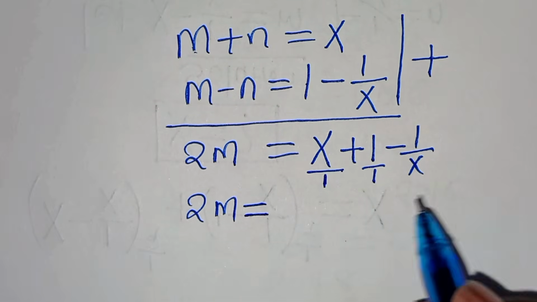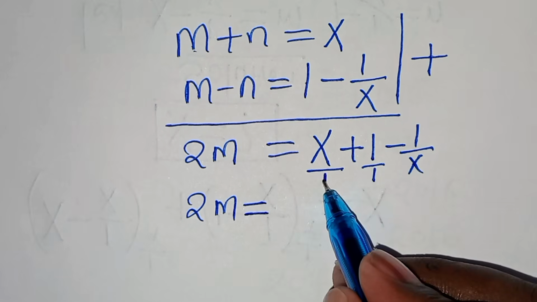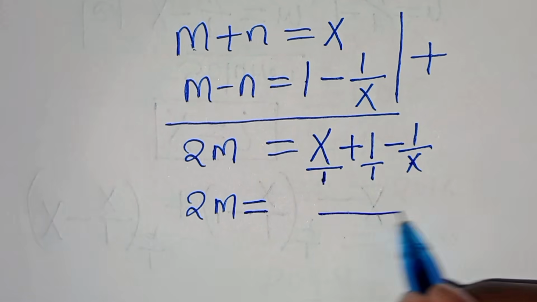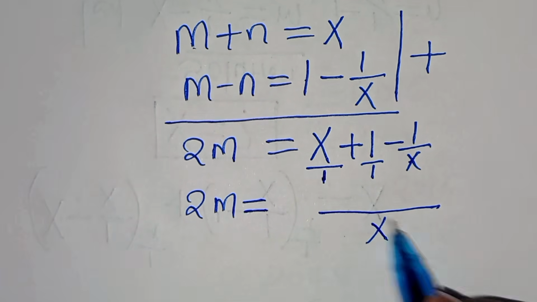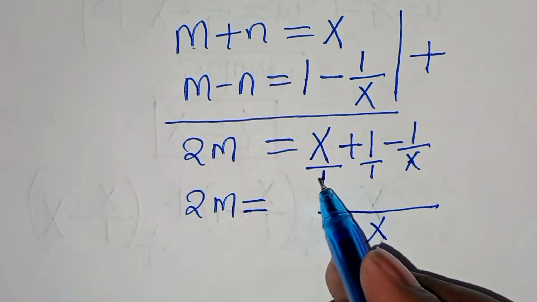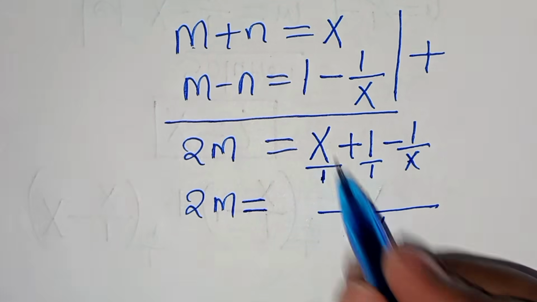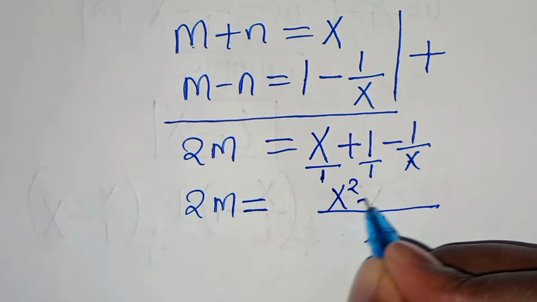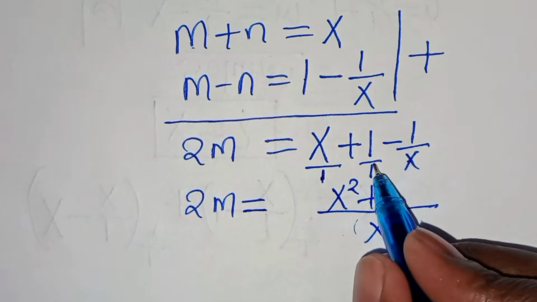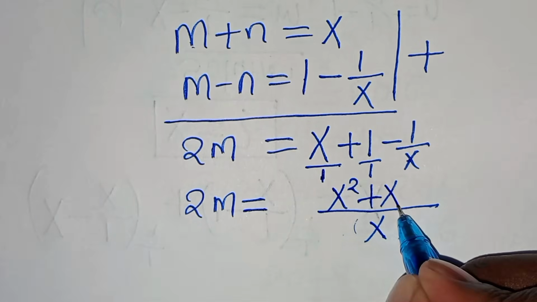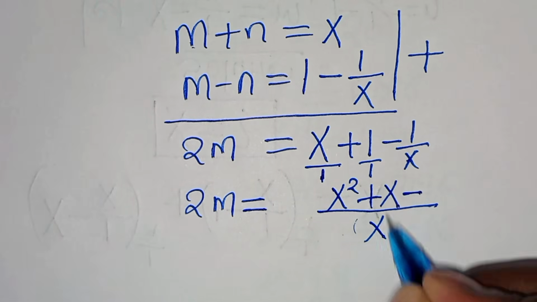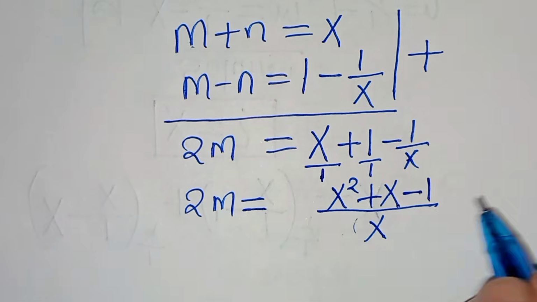And this means that we have x divided by, the LCM here is x. So this is x divided by 1. So we have x times x, which is x to the power of 2, plus x divided by 1, this is x times 1, this is x, then minus x divided by x is 1 times 1, this is 1.